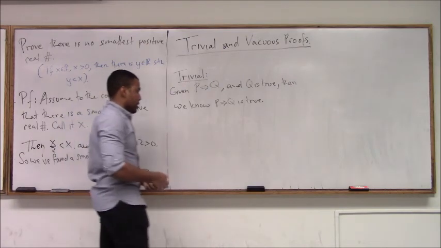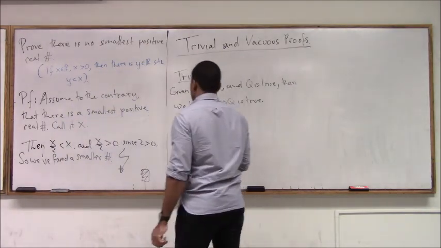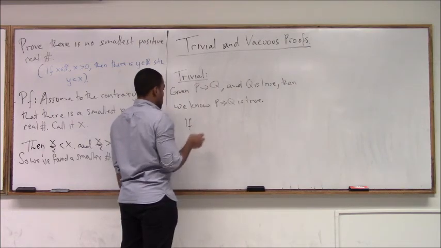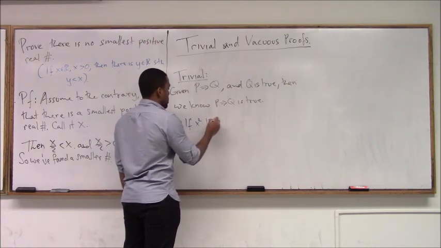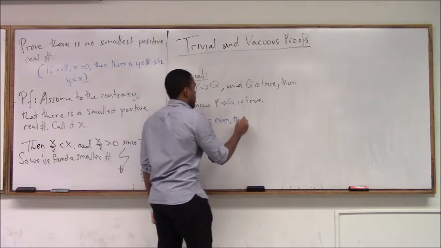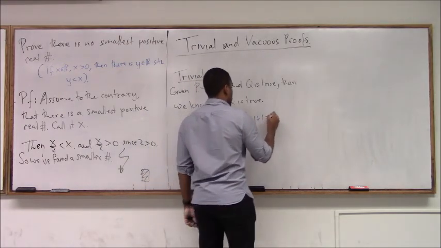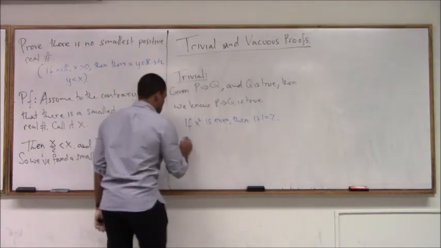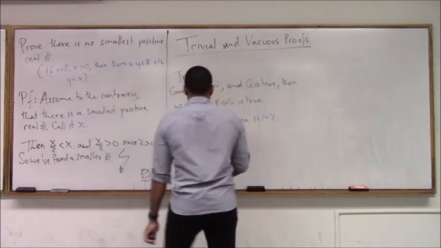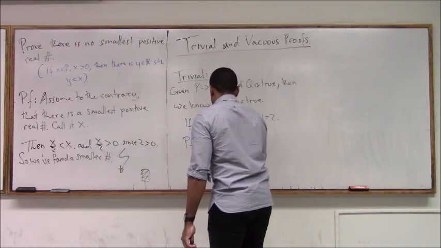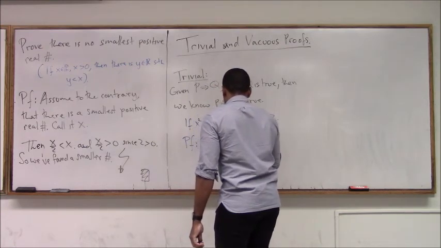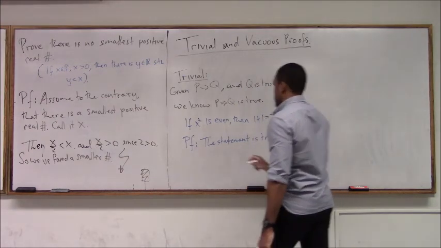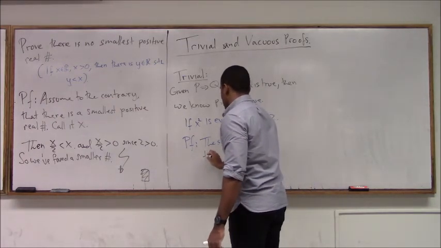Right, so I can say: if x squared is even, then 1 plus 1 equals 2. I'm just making something silly. You can literally write down as a proof here, you can say the statement is true, and you say trivially.